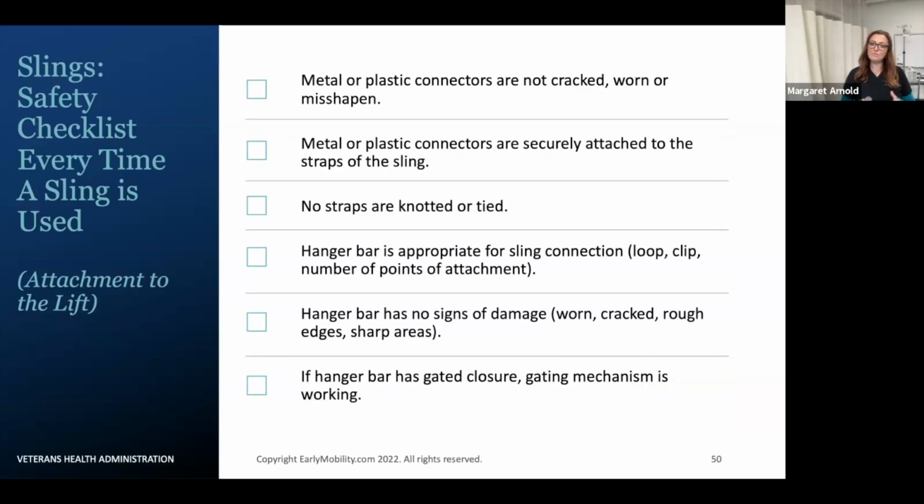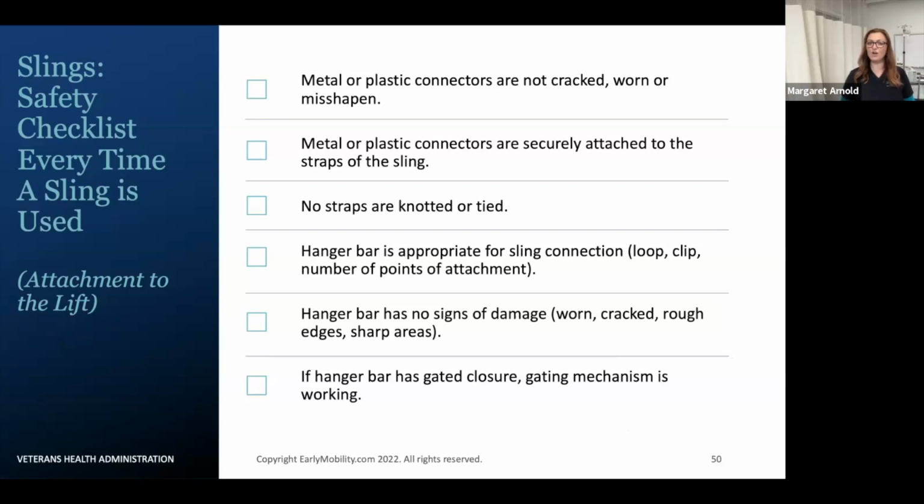It is also important that you check the attachment to the lift. Make sure you check the metal or plastic connectors, that they are not cracked, they're not worn, and they're not misshapen. Check the metal or plastic connectors are securely attached to the straps of the sling. Again, remember the lifting point is the highest tension on the sling.